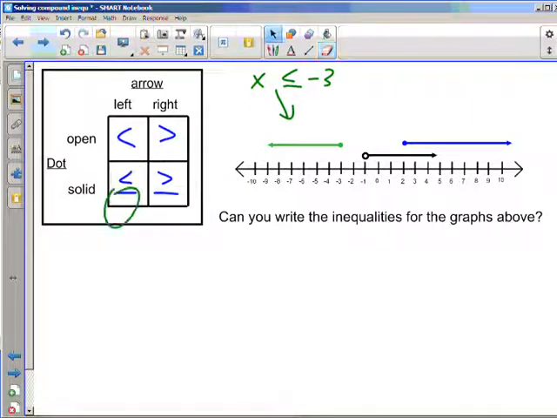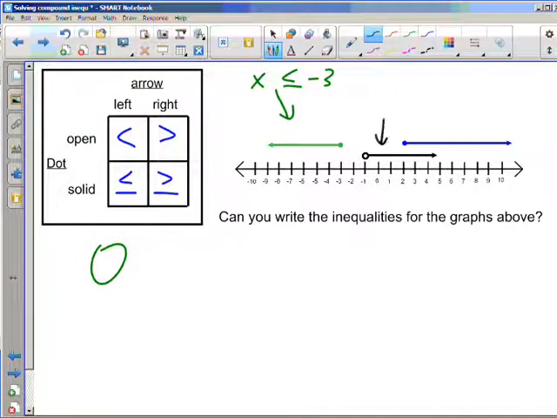Looking at the next one, the black one, we would notice that x in this case goes to the right, and it's an open dot, and it starts at -1. And then last, x is greater than or equal to 2.